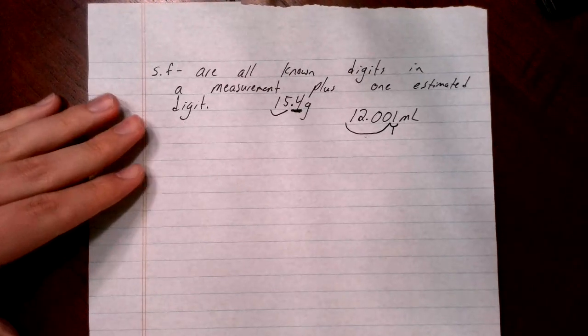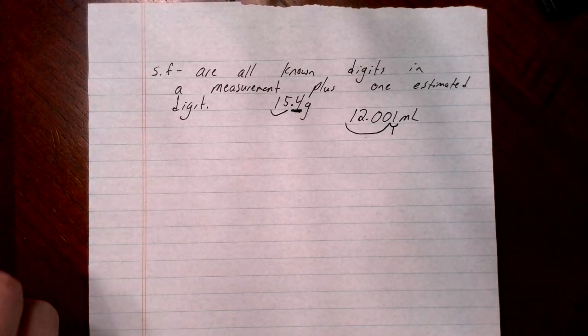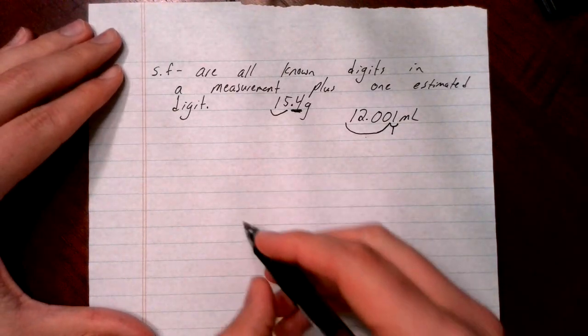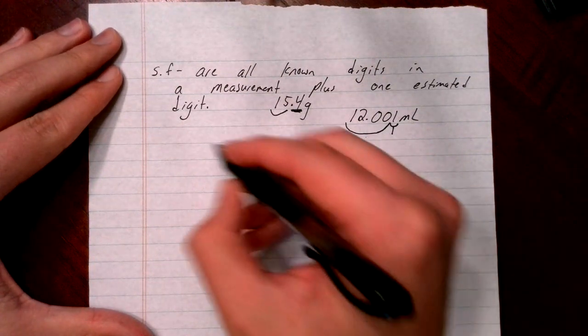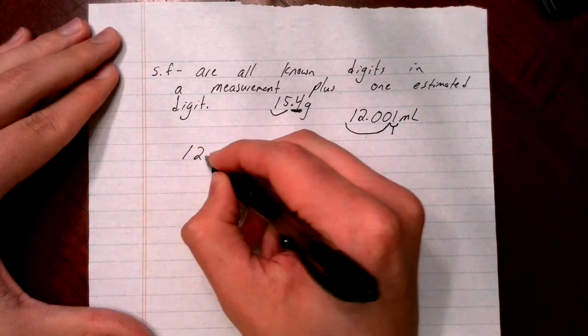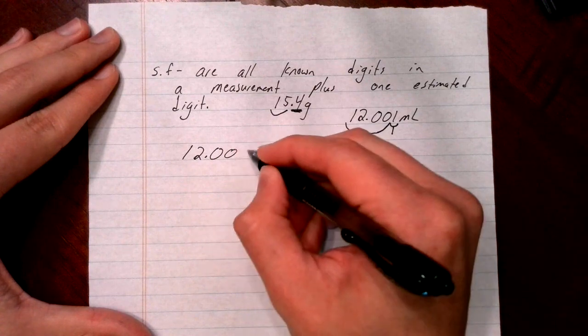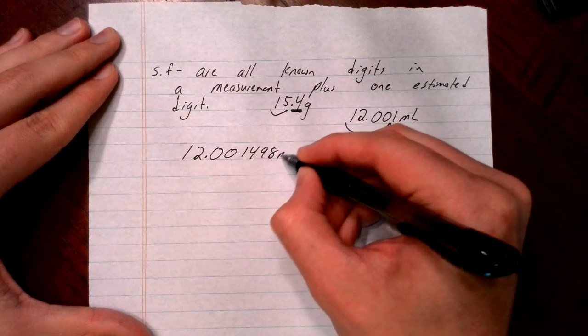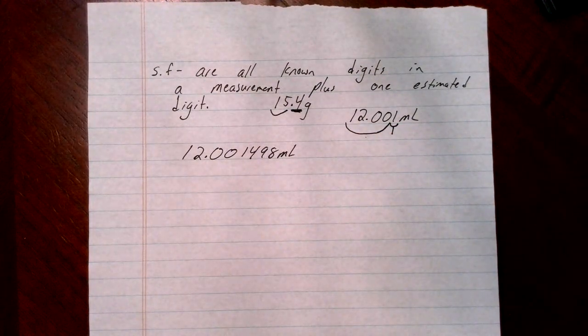So from this point forward in the class, whenever we have a measurement, we're always going to know that one of the digits was estimated and the rest are known. And we call those the significant digits. So in this case, let's go back to this number right here, 12.001498. Let's say that was my original value.